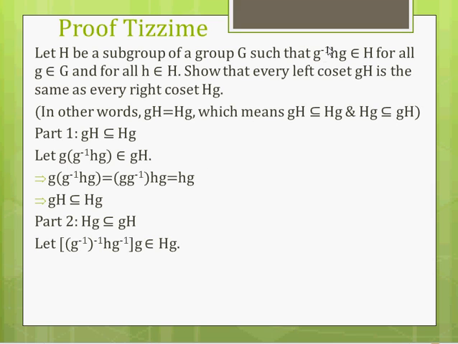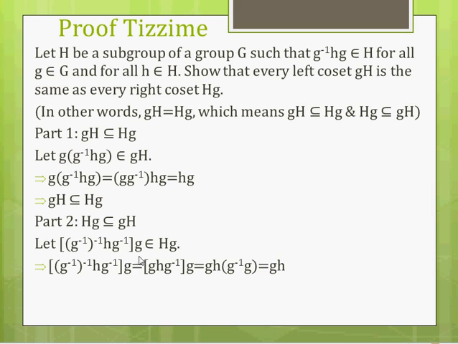So we'd write g inverse to the inverse, h, and then we plug in g inverse for g. And then we multiply all that times g. And that's in Hg. And when we multiply all that out, we get gH, I'm sorry.